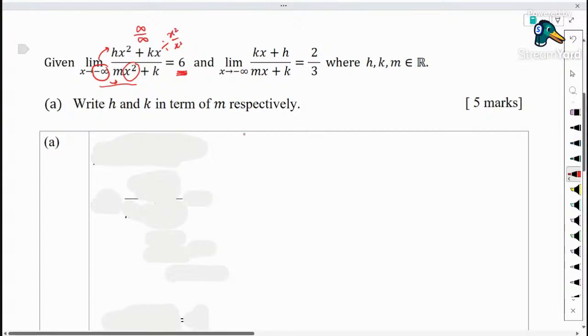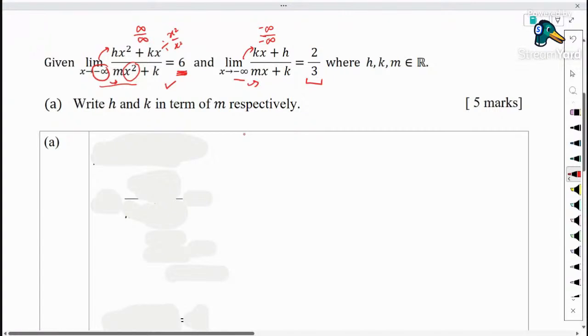From there, we look for a way to represent h or k in terms of m. This is what we try to do for the first part of the information. For the second part, again, if you try direct substitution, you find that you have infinity over infinity again. This time it is negative infinity over negative infinity, and the result is supposed to be a real number.